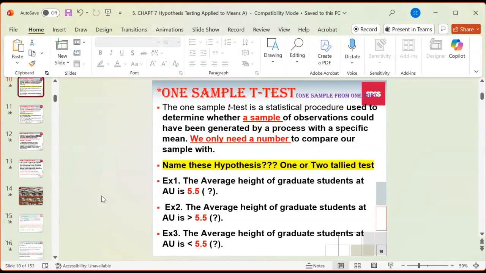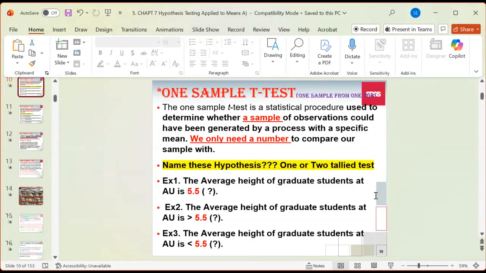And you will understand more clearly as I move forward. So you have to compare it with something. It's not the population really.